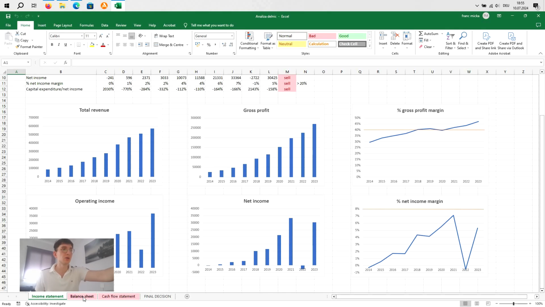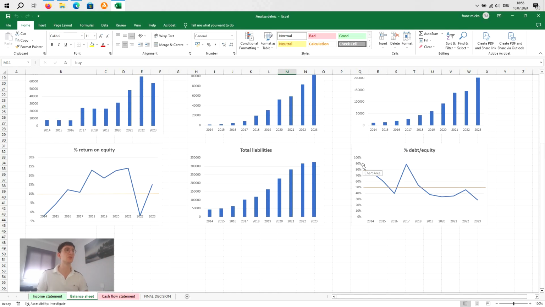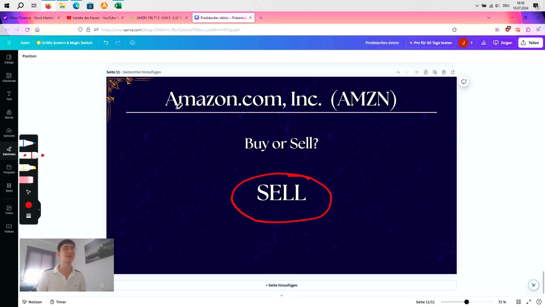Net income margin growing. Debt is decreasing according to equity. You know what I'm saying? Look, retained earnings. They are reinvesting money into the company. Like, Amazon is an amazing buy if it had not had that loss in 2022. So that's unfortunately what happened. That's why I don't want to buy it.